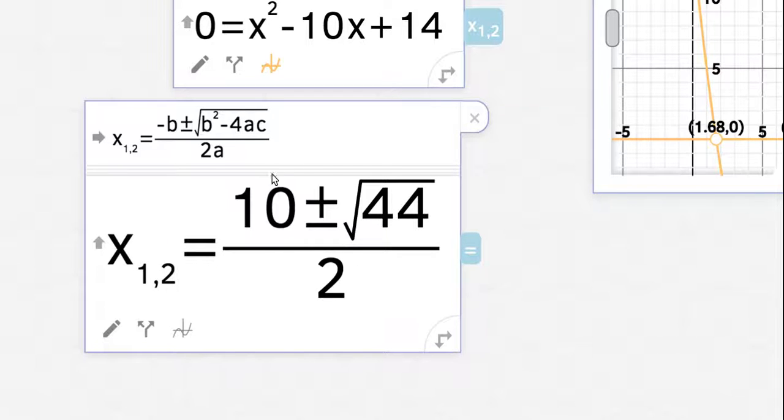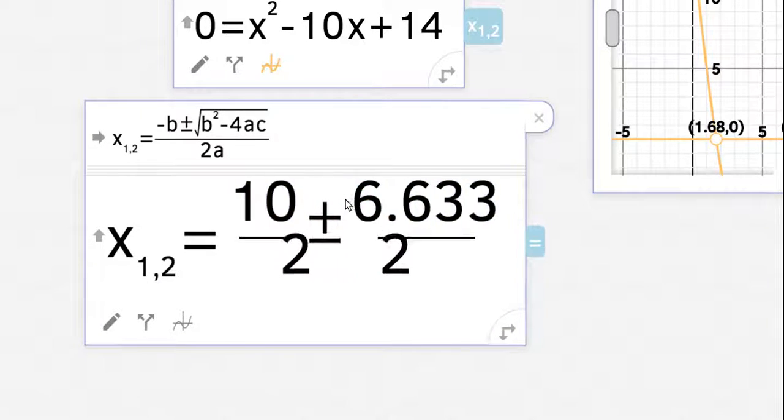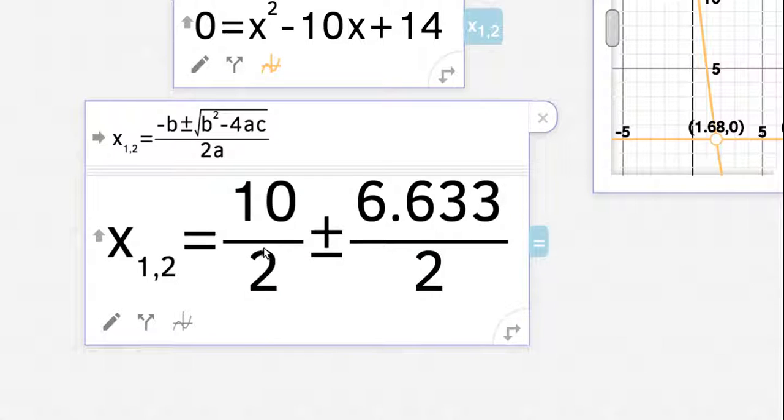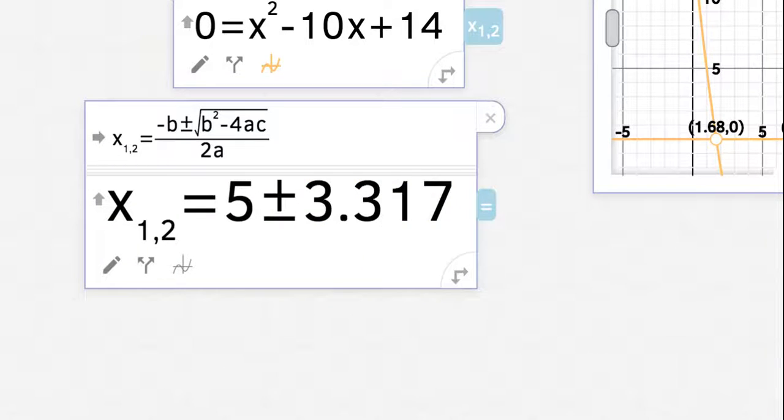So those are my two answers now. 10 plus root 44 divided by 2, 10 minus root 44 divided by 2. And then I just need to do some more simplifying, turn that into a decimal, and bring it up to here. Divide both of those out, and double click on that. 10 divided by 2 is 5, and this is going to be 3.317. There we go. So I've done that.